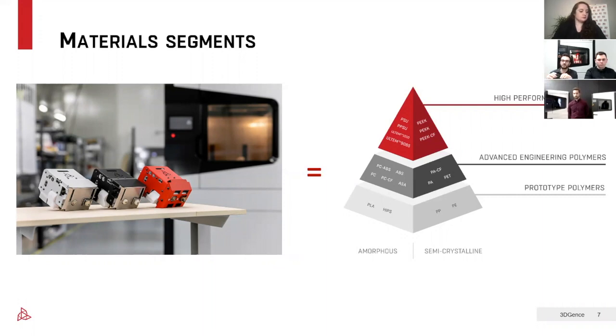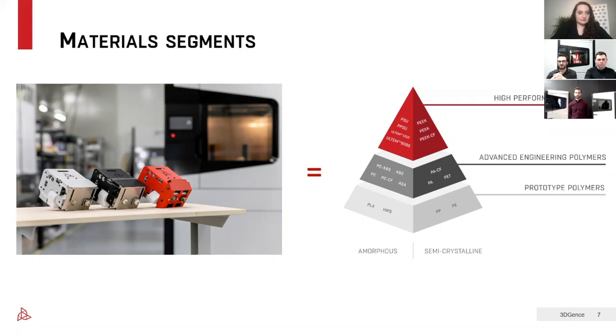Getting one stage lower, we have engineering materials. This is actually the main topic for today. Those are materials that have a very strong focus on one specific feature, which they excel at, and so they are a very good balance between performance and cost effectiveness. Those materials are really driving the applications.